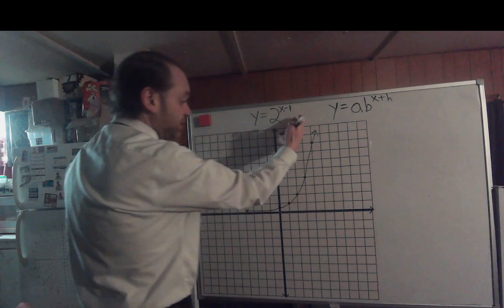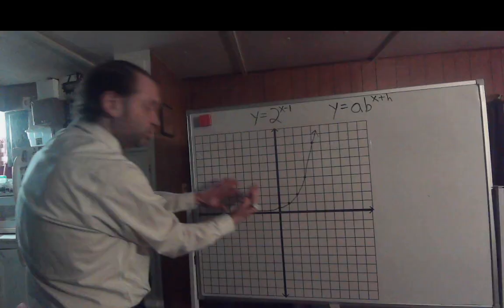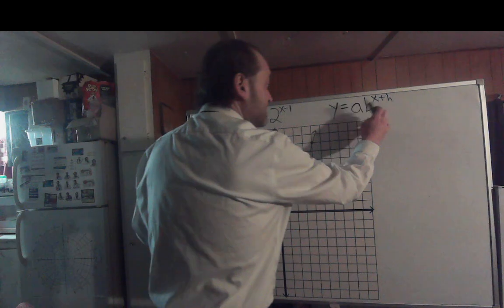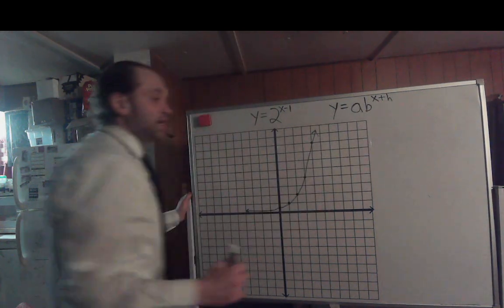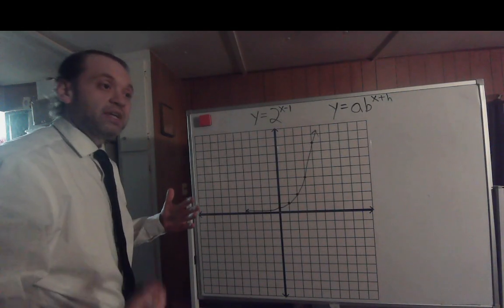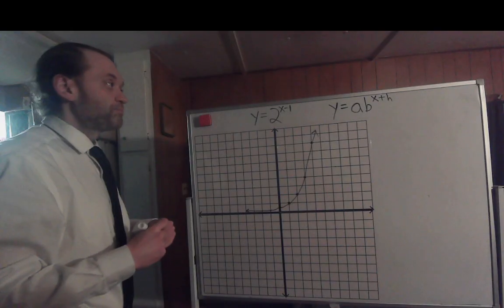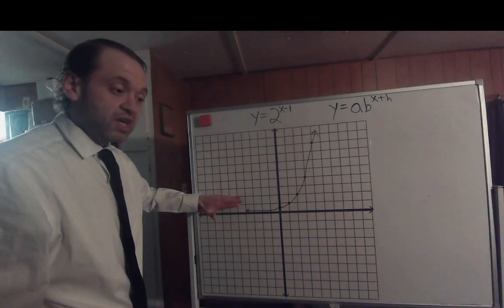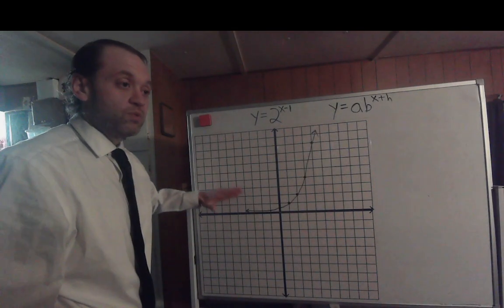Whereas when it was x plus 1, I shifted my x values 1 unit to the left. So this a times b to the x plus h indicates how many units right or left I am shifting the function. And notice in general, so far, you still have that horizontal asymptote of y equals 0.